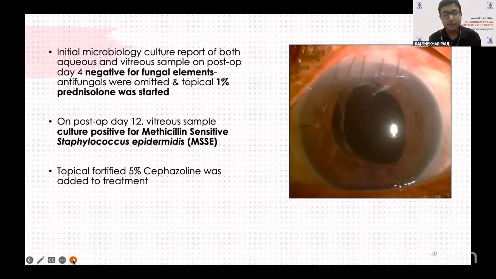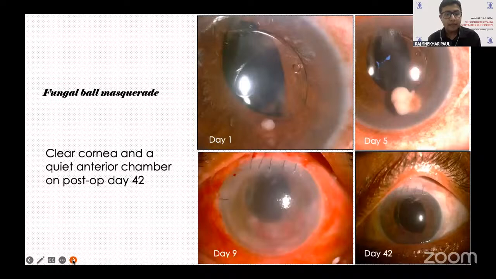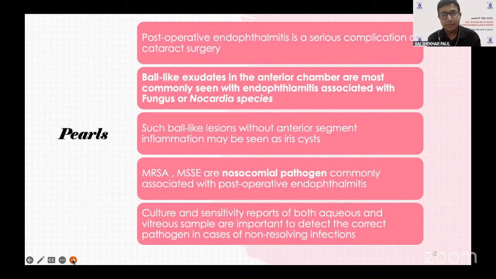So we started 5% cefazolin, and by the 40th day, there was a clear cornea and quiet anterior chamber. Ball-like exudates in the anterior chamber are most commonly associated with fungus. Nocardia, MRSA, and MSSE are nosocomial pathogens commonly associated with post-operative endophthalmitis.